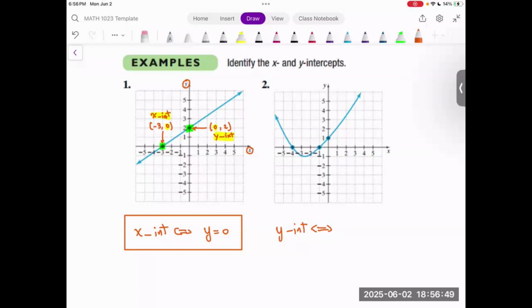The other variable, right? You see, I say y-intercept, the other variable is 0, so x is going to be 0. And this is my second property. This is what I'm going to be using eventually later to label the x-intercept and the y-intercept. So far, so good? Okay.